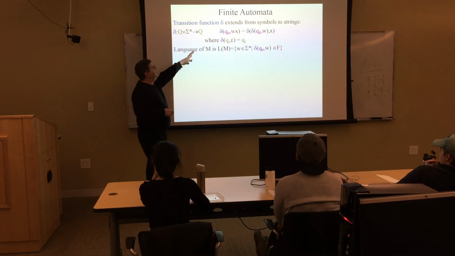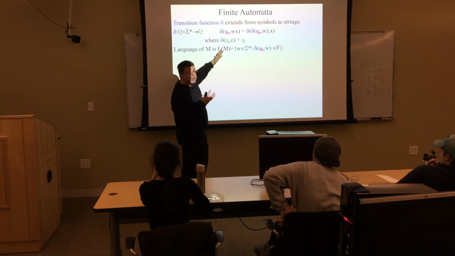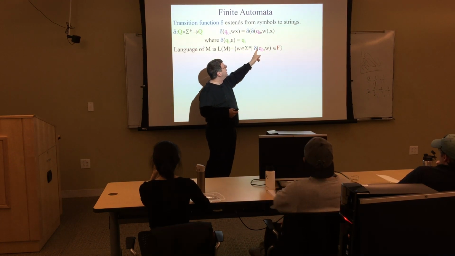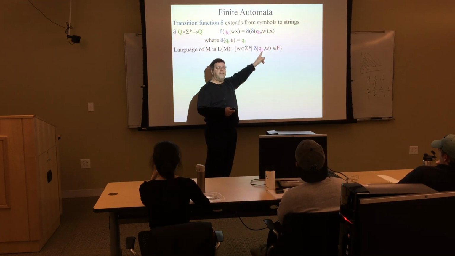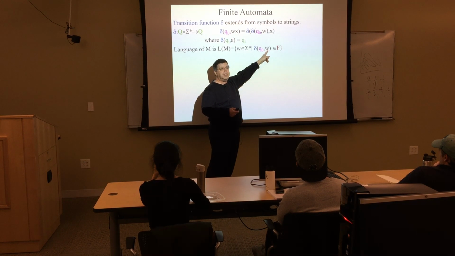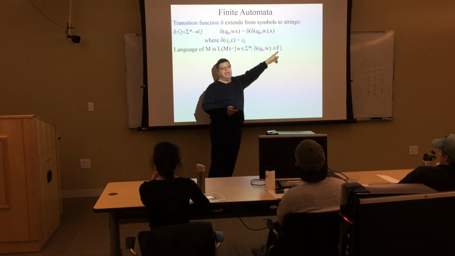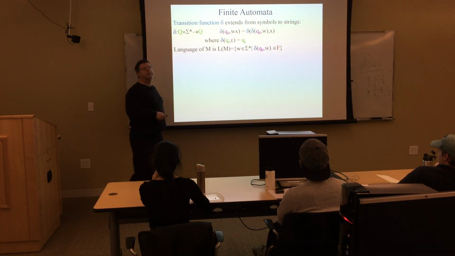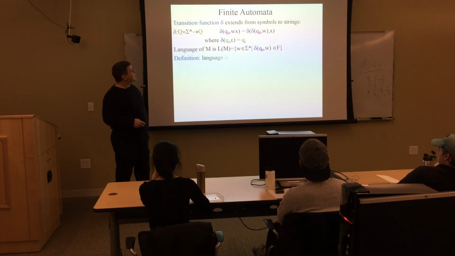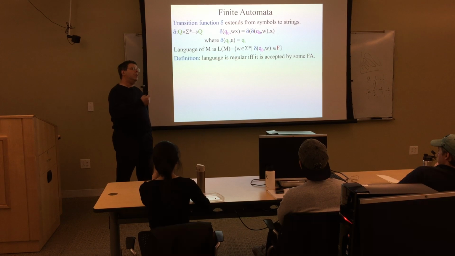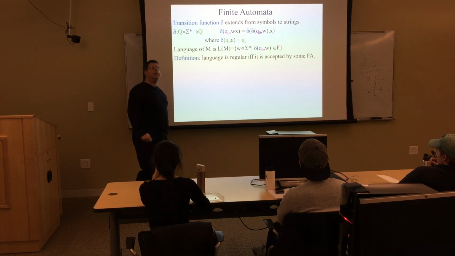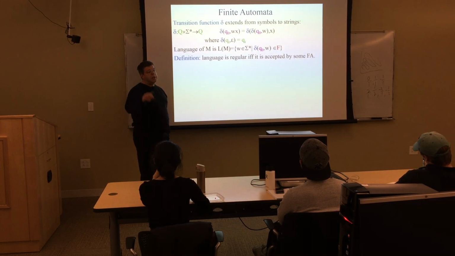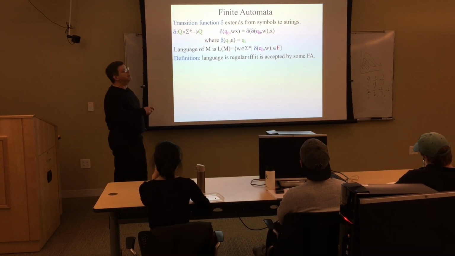The language of the machine, this finite automata, whatever finite automata you might have, is all strings in sigma star such that delta takes you from the initial state based on that string, you end up in a final state, when you can completely consume that string according to this inductive definition. And so it's basically all the strings that will cause the machine to go from an initial state to some final state and accept all such strings, not just some of them or your favorite ones, it's all of them. That's the language of the machine.